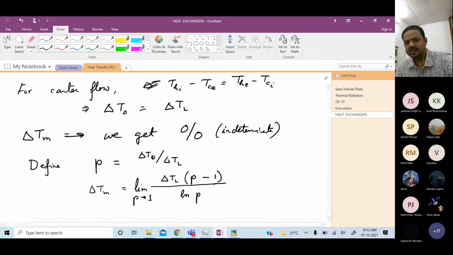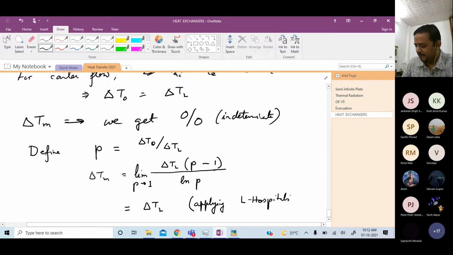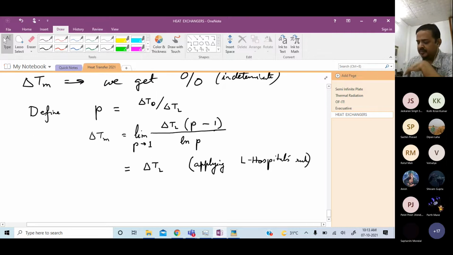If you apply L'Hopital's rule, which all of us probably learned as L'Hospital's rule, the derivative of log P is 1 over P, and the derivative of P minus 1 is 1, so this is actually delta TL.